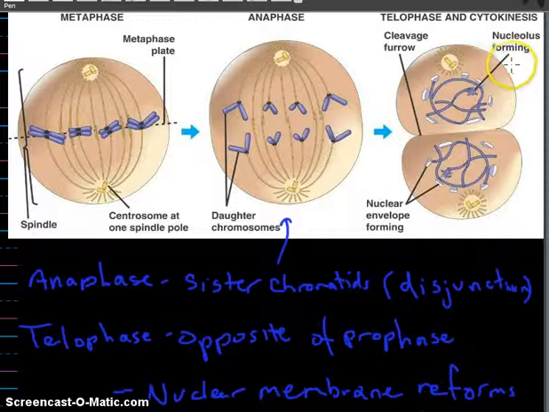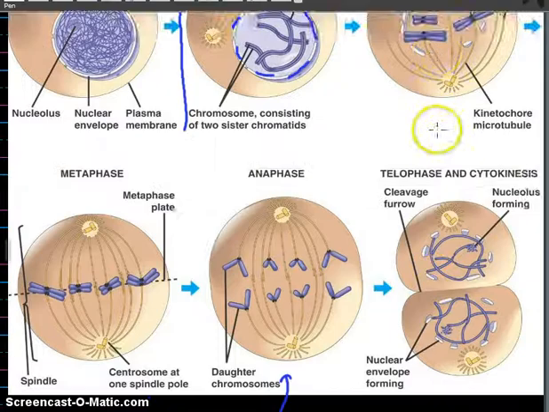So there's a little overlap on when cytokinesis actually occurs. But for simplicity, I'd like to just group cytokinesis occurring during telophase. So in cytokinesis, the cytoplasm actually splits up too. And as a result, we have two identical cells.